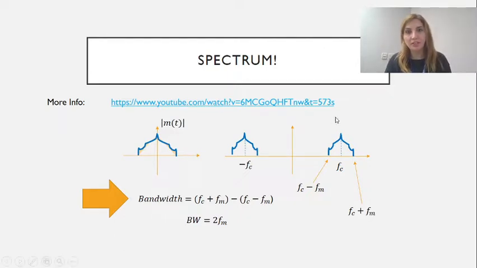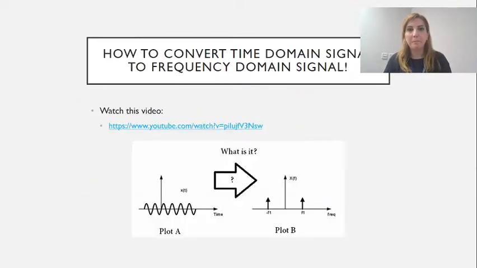So I have this source here. It's a very nice video explaining the frequency domain and time domain and how bandwidth is associated with those definitions. Go ahead and watch that. I remember I played a little bit of that in the class, but it was a long video, so I left it for you to watch later on.